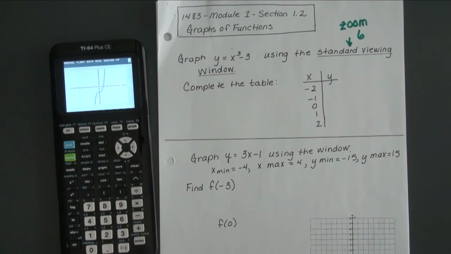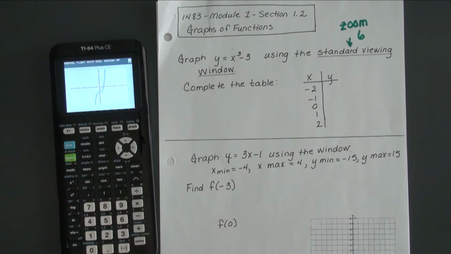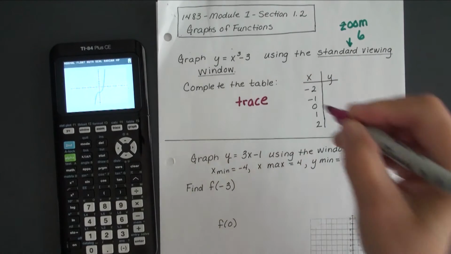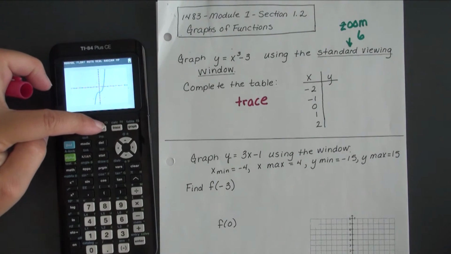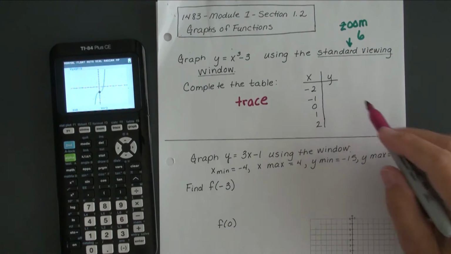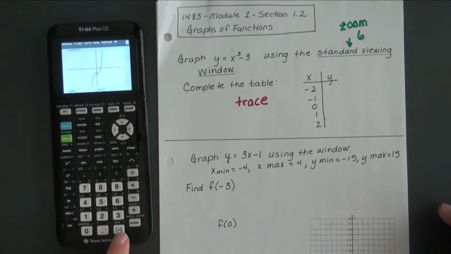Now let's complete the table. There are a couple of ways to do this, but we're just going to do this using the trace feature. The trace is right up to the right of the zoom. You'll press trace and then -2, and make sure you use this little bottom minus, that's the negative when you put in a negative number.